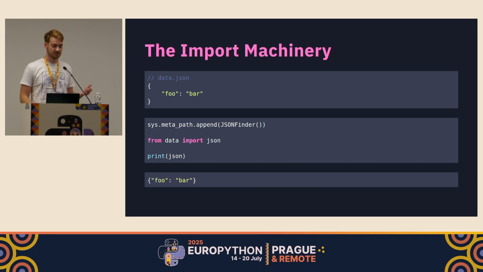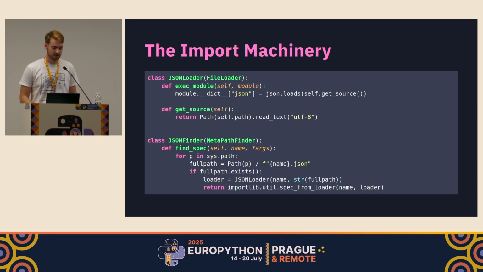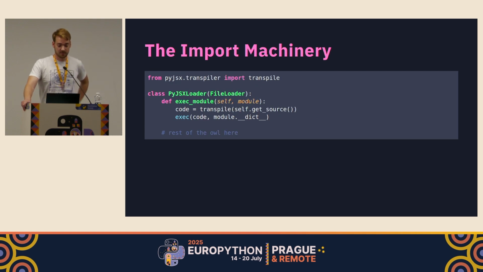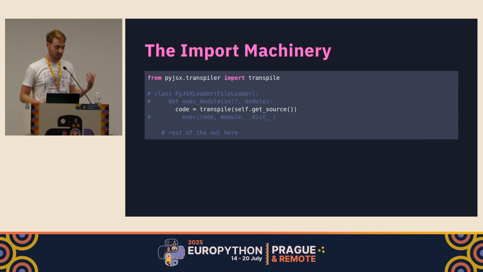So if you don't like json.load, you can use this, right? And this is a very crude implementation of the JSON finder. I use basically the same thing to load the PX files directly from Python. I have this PyJSX finder and loader that do essentially the same thing. So this covers the part about the import magic.